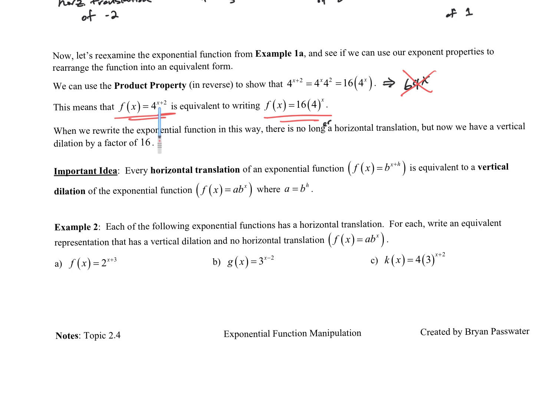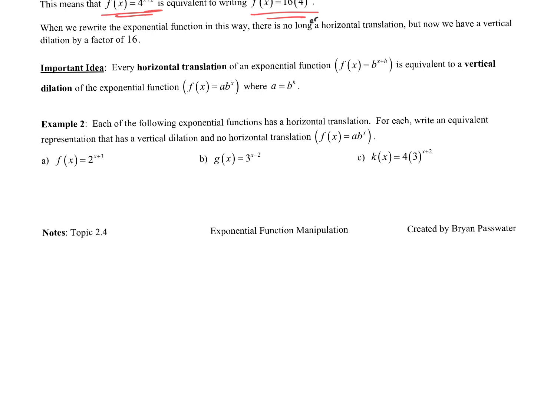And so if I were to substitute in 0 right here, guess what I'd get? 0 plus 2, which is 2, and then 4 to the power of 2 is 16. And so that's where this came from. These are equivalent, they just look different. I'm not worried about the important idea. We kind of just discussed it. So instead of a horizontal translation, now we have a vertical dilation.